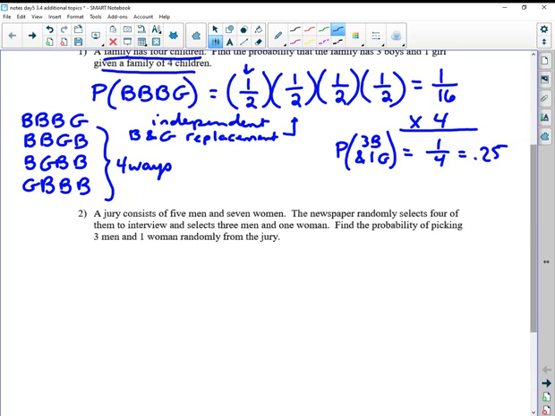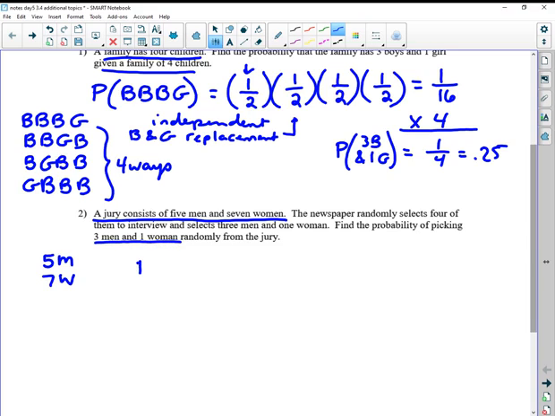Now, obviously this next problem is going to be slightly different. So what's different about this problem where you have a jury consisting of 5 men and 7 women, and you're still taking 4 people, but this time you want 3 men and 1 woman. It looks really, really similar.